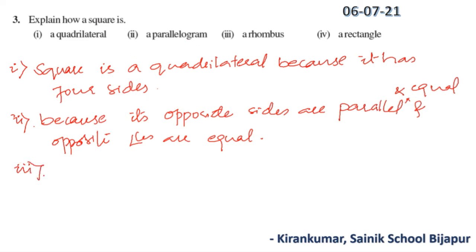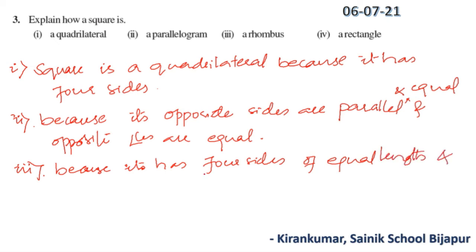Explain how a square is a rhombus. Since all the adjacent sides are equal and diagonals bisect each other at right angle, we say that a square is a rhombus. So let me mention that because it has four sides of equal length and diagonals bisect at right angle.